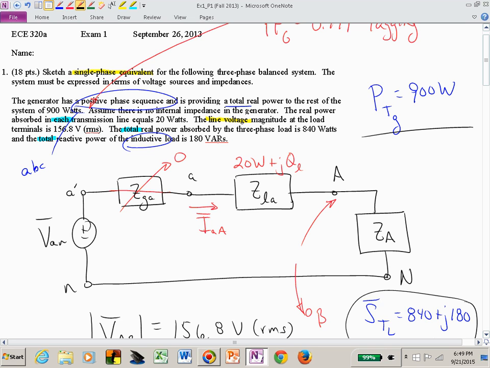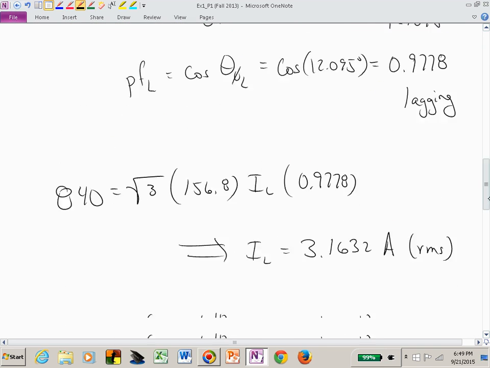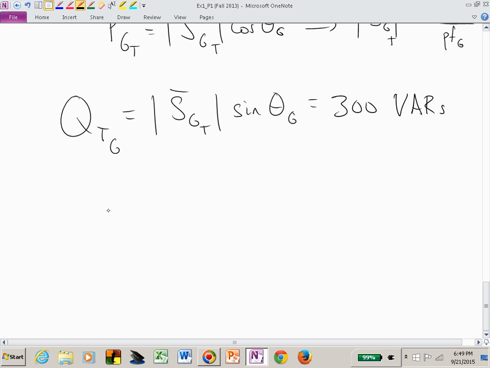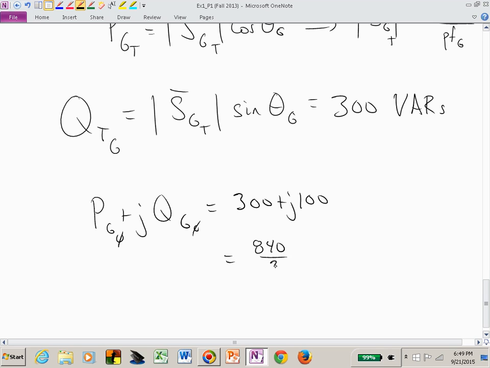Meaning, q sub L now is just one phase, so let me say that the power of the generator plus JQ of the generator per phase is now 300 plus J 100. Is that okay? And that's equal to 840 over 3 plus J 180 over 3 plus 60, I'm sorry, I'm doing it per phase, 20 plus JQL.